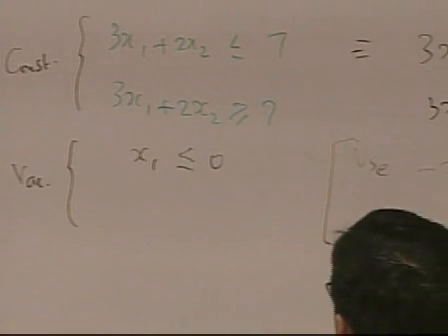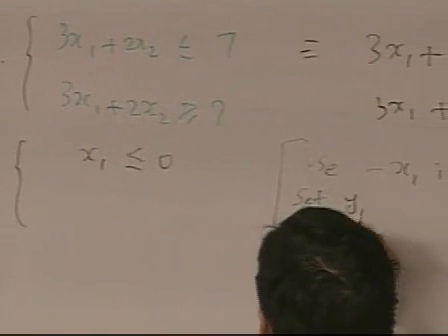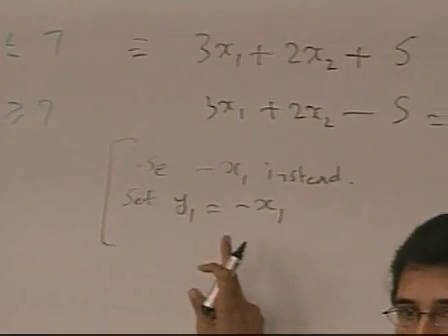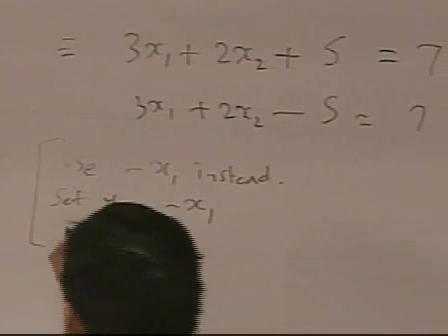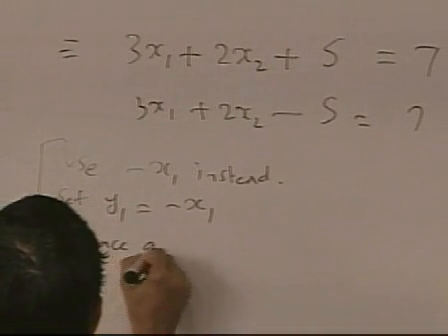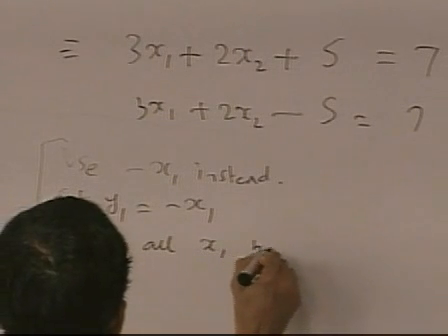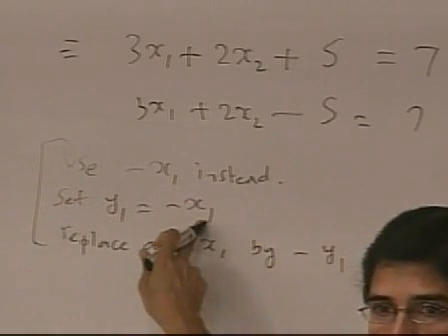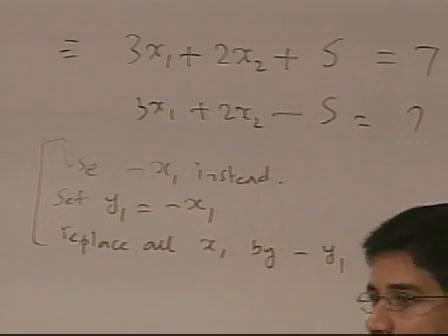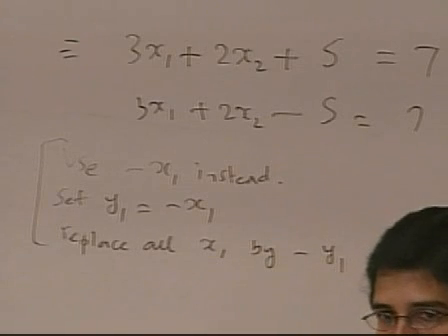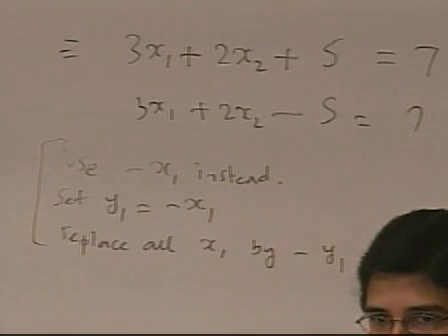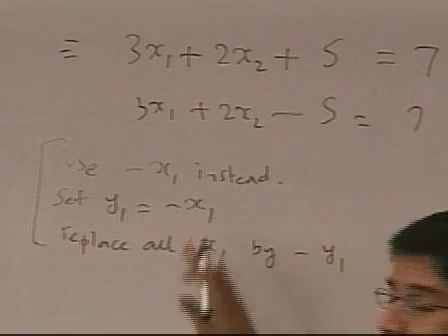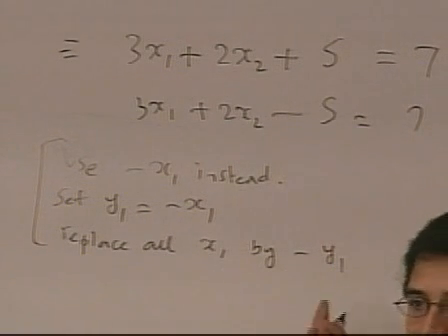So set y1 equals minus x1, and wherever x1 appears, use minus y1. Replace all x1s by minus y1, and y1 of course will be non-negative. So now you've changed your variable from x to y, and you have non-negativity. So x1 is no longer a variable for your problem, y1 is, and y1 is non-negative.